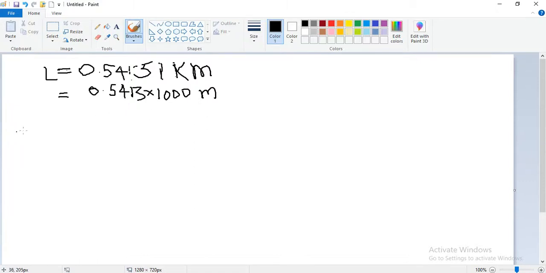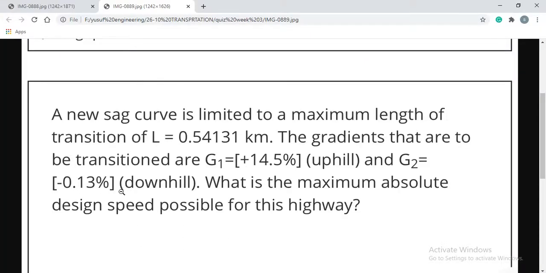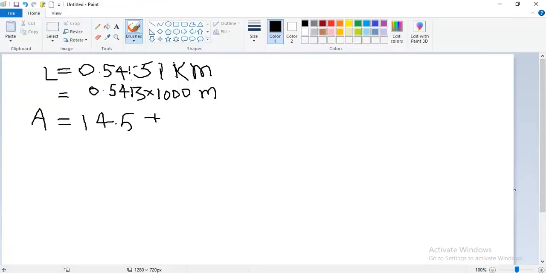So now we will find A. It is 14.5% plus, it is minus 0.13, and now it is 0.13. So we need to add this too.